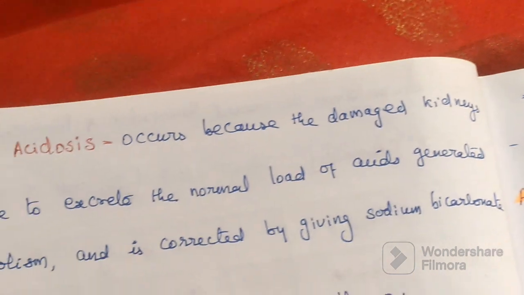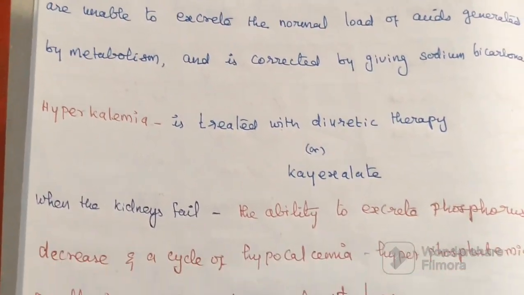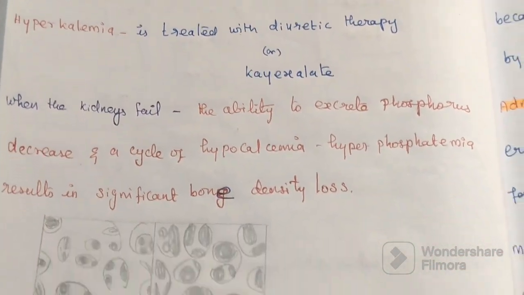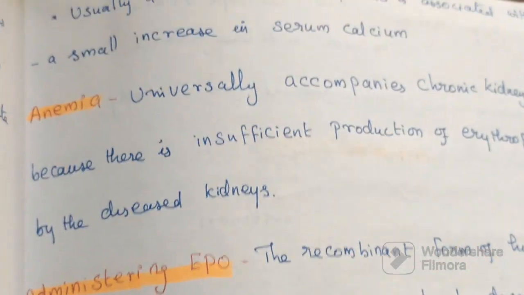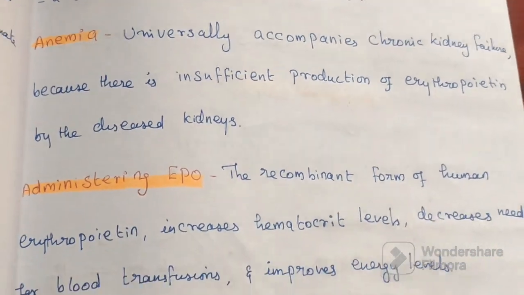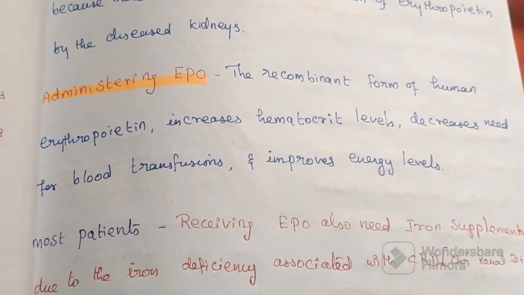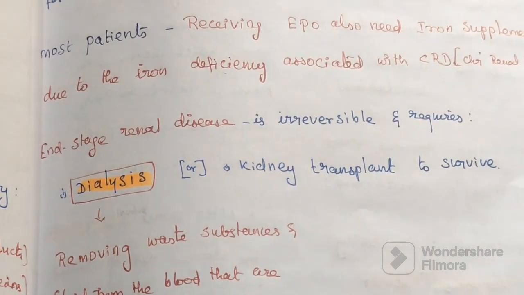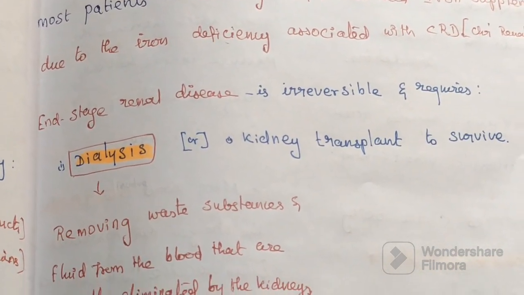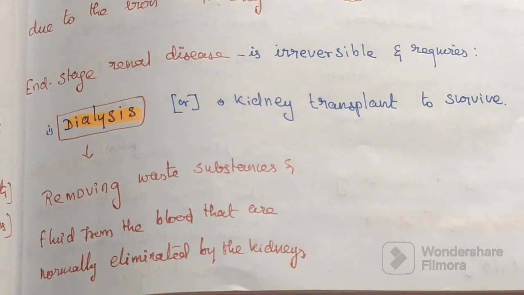Then metabolic acidosis and hyperkalemia are conditions to manage. Because of anemia, we administer EPO. End stage renal disease is irreversible and requires dialysis or kidney transplant.